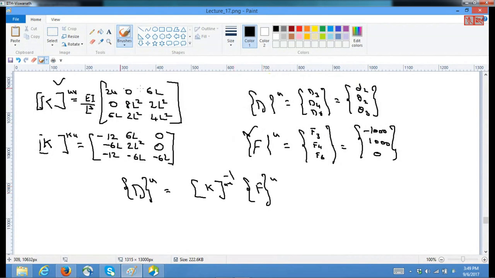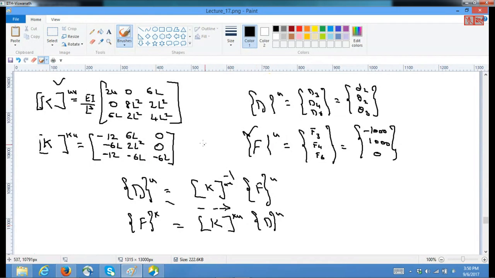Since we know this KUU, we can find out its inverse, and since we know FU, we just multiply with it. After we take this inverse, that will give us our DU, and once this DU is there, we determine our reaction forces FK as KU times DU, which is obtained from this place.